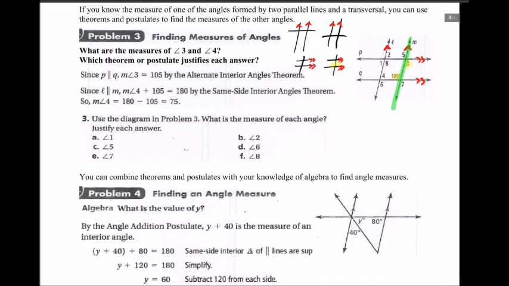Okay, do you see it now? 2 parallel lines cut by a transversal. Then measure of angle 3 is also going to be 105 degrees because those are alternate interior angles. So we can label that 105 degrees.